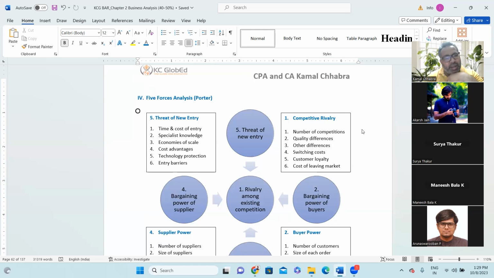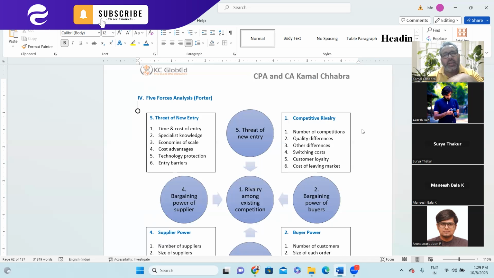Because the dynamics of the market keep changing every moment. So as management, you need to keep an eye on all these analyses again and again, so that you will not miss out on anything. For example, if you remember, back in 2000 to 2010, I would say Nokia was the market leader in the mobile industry, right? From 2010 till date, they have almost lost all their market share, right?